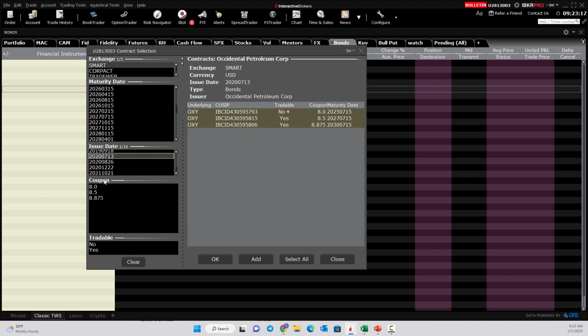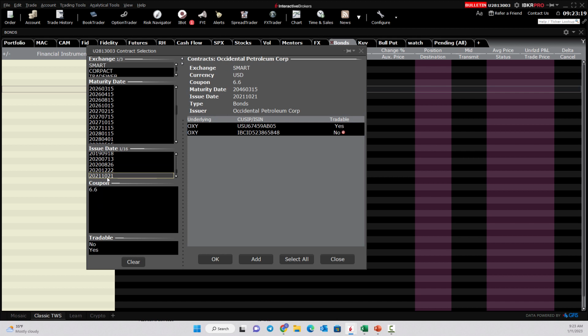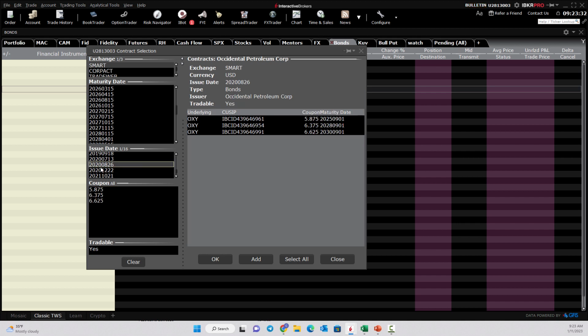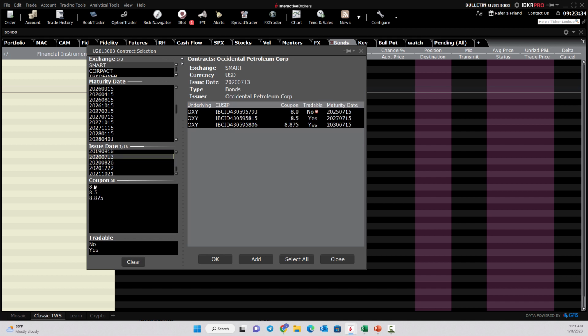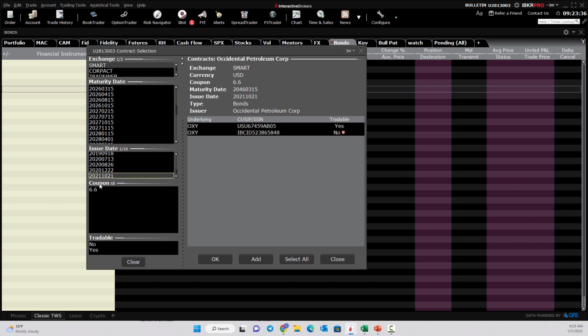Now let's fast forward. They sold some in 2021 and it had already come down to 6%. So you can see that some of the relief had already come out of the market. This is the trend that you're kind of looking for, where rates were really high and then they start to come down on future debt.